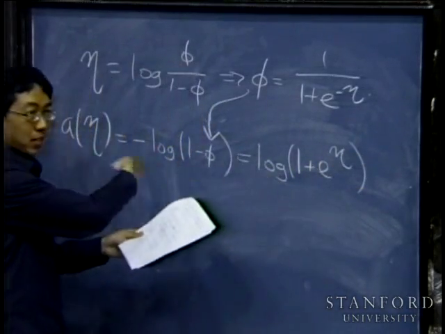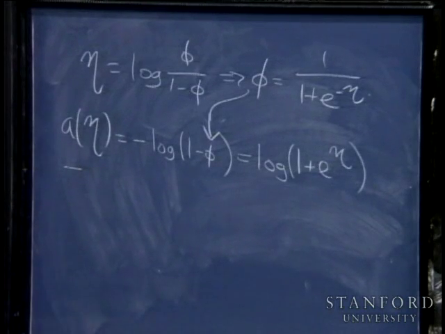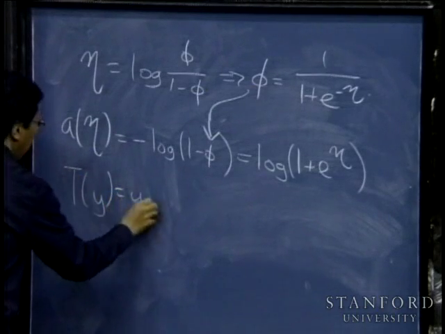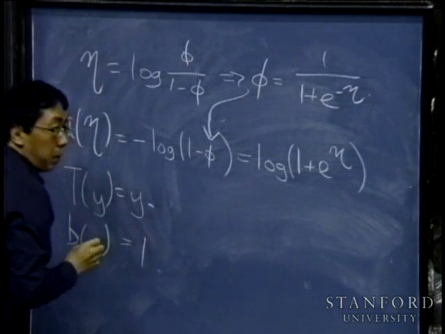Again, this is just algebra, not terribly interesting. And just to complete the rest, T of y is equal to y, and B of y is equal to 1.